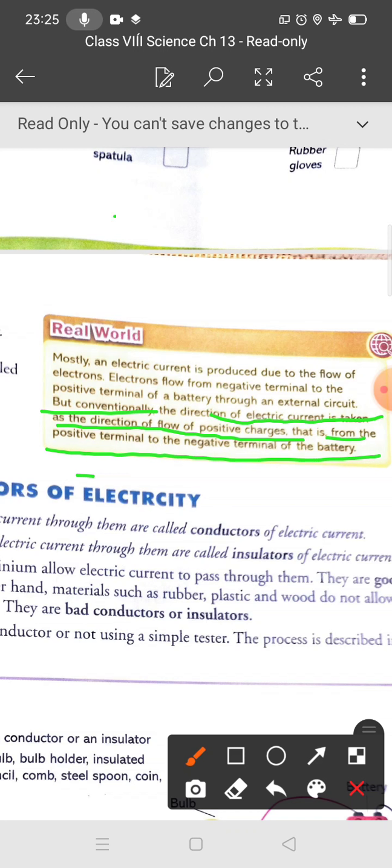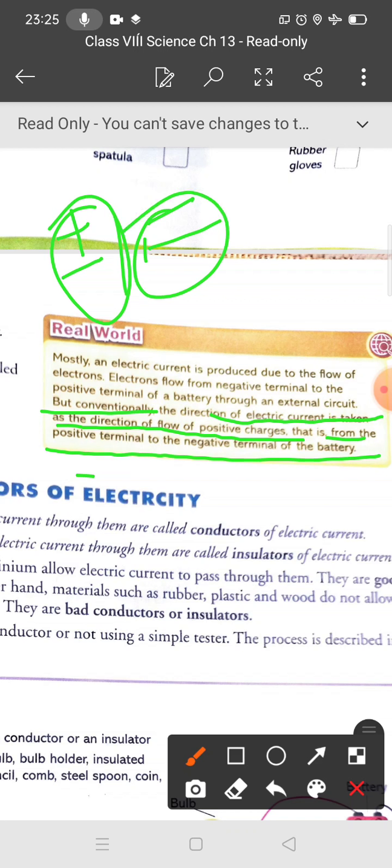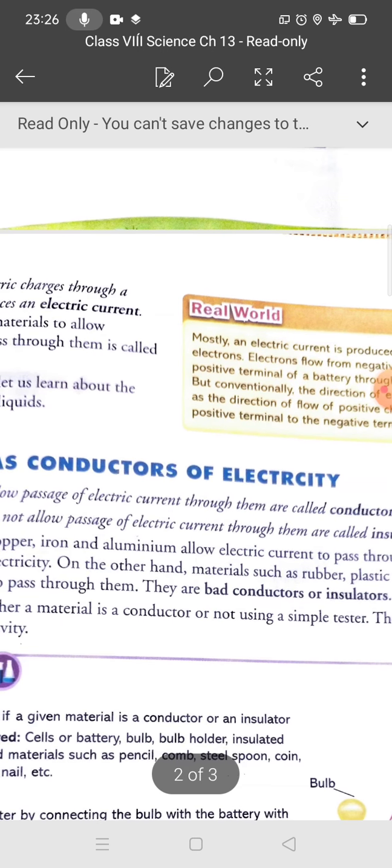So this is the cell: the long line shows the positive and the small line shows the negative. And when more than one cell forms a battery. Okay, I hope you understand these points.